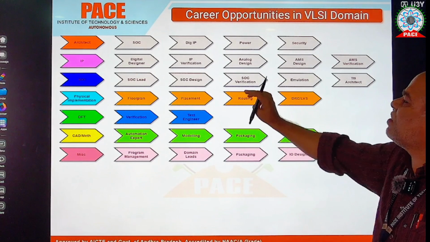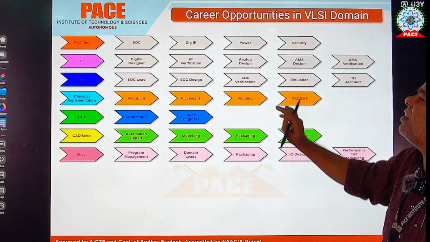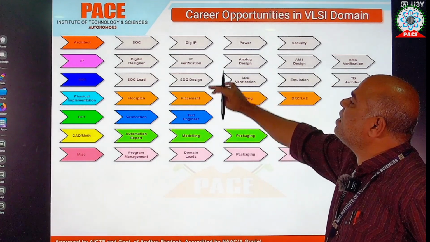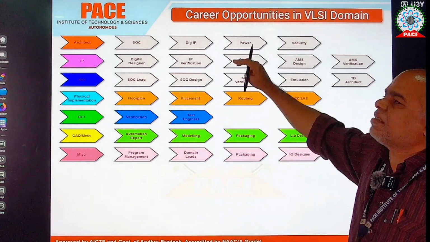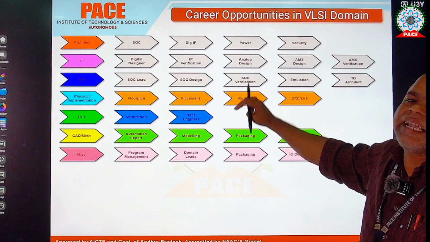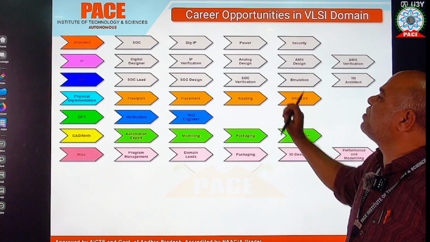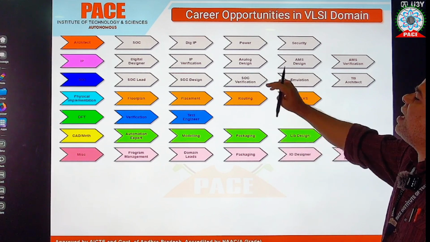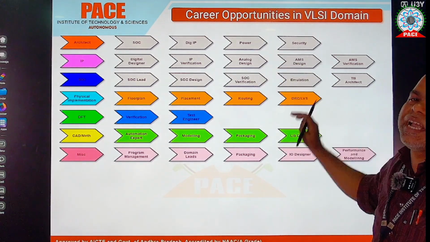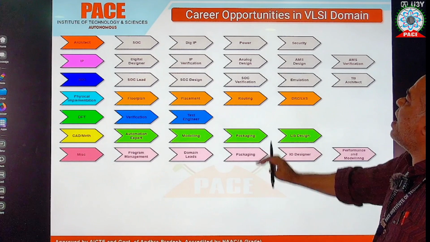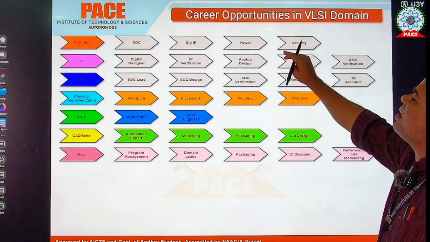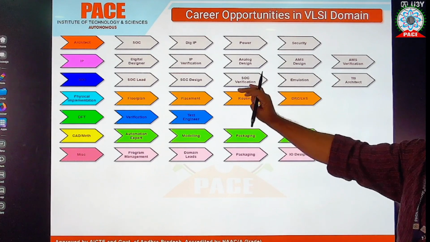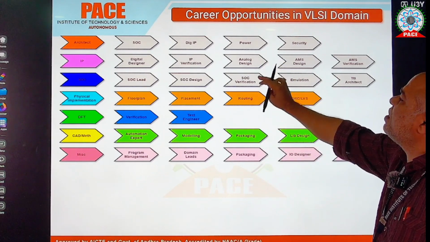Nowadays verification is very important to verify the functionality of our design, because you are creating a number of architectures, and they consist of a number of inputs. Then only you can verify, using the IP verification engineers. Then after that you come to analog design. In analog design you are using continuous signals.